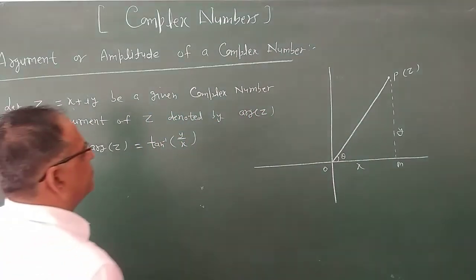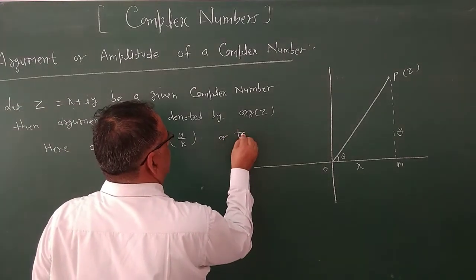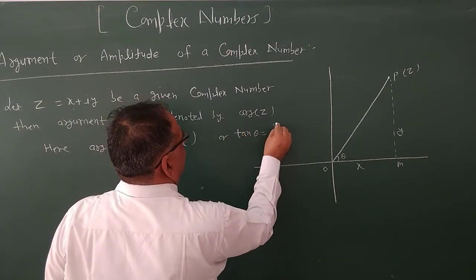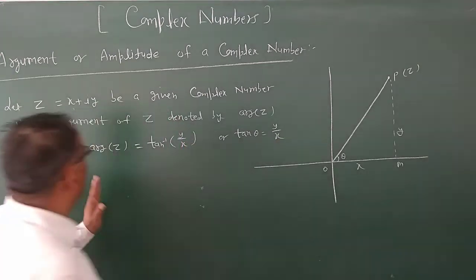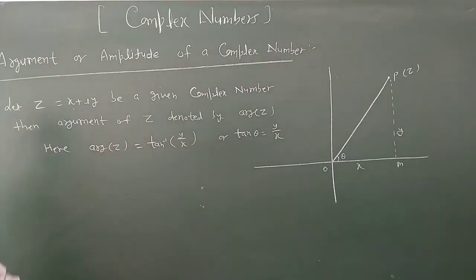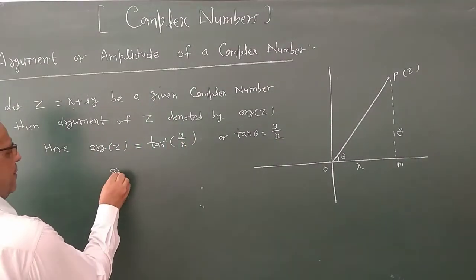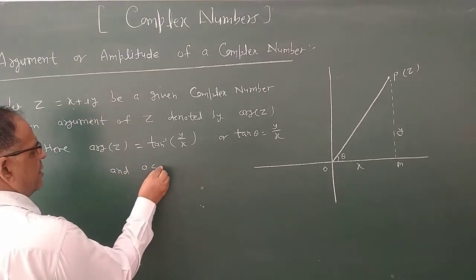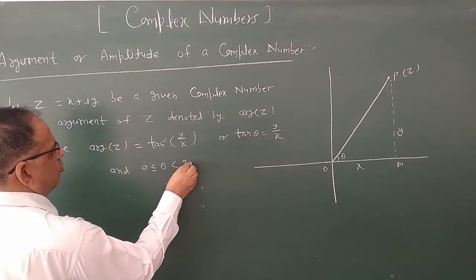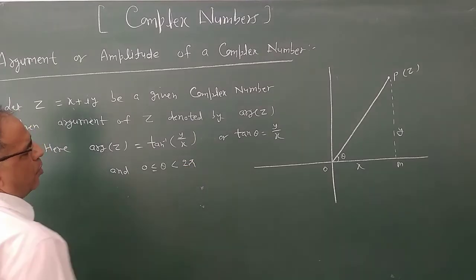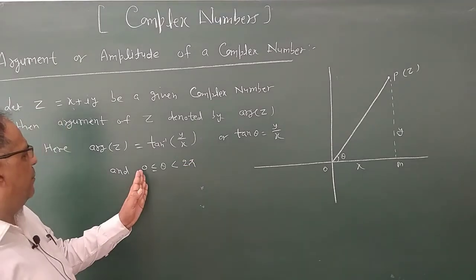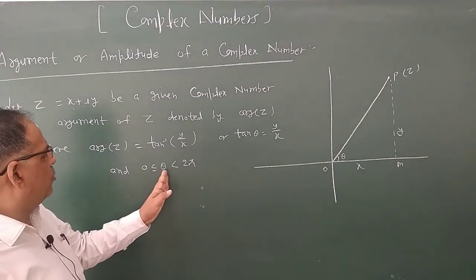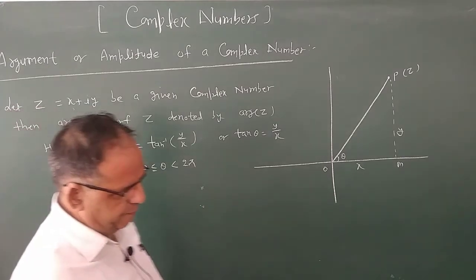So tan theta equals y upon x. So what is now the argument of z? And 0 less than or equal to theta less than 2 pi. The argument of a complex number lies between 0 and 2 pi.